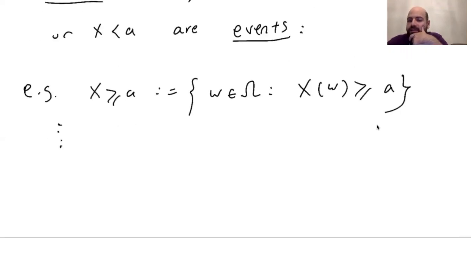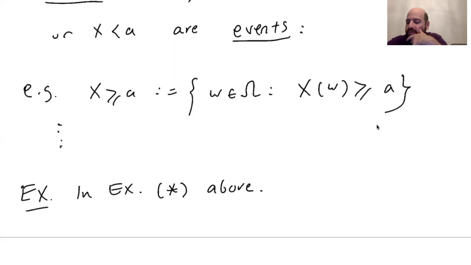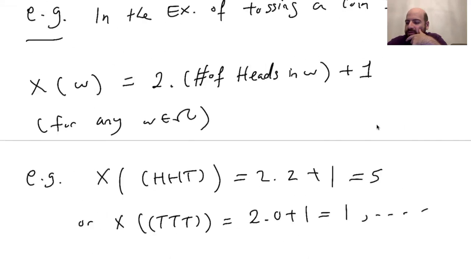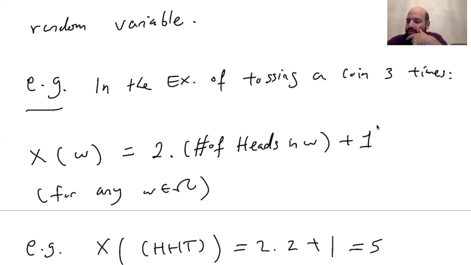So let me give you an example. In the example above, say in example star above, let's call this example star. We defined a random experiment, which was tossing a coin 3 times.